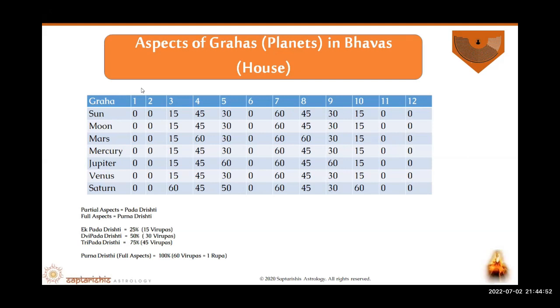Now, there is a combination. Assume like this: Saturn, Mars, and Mercury are placed in one sign, and from this Saturn, Mars, and Mercury, the Sun is placed in the 11th house. Now your technique is only this: Saturn, Mars, and Mercury.